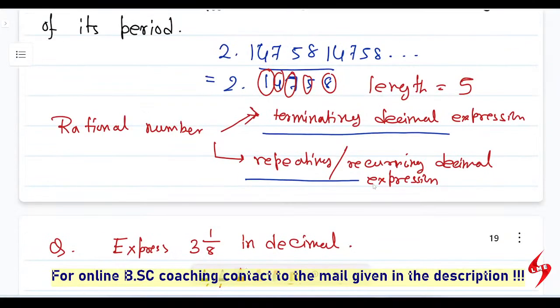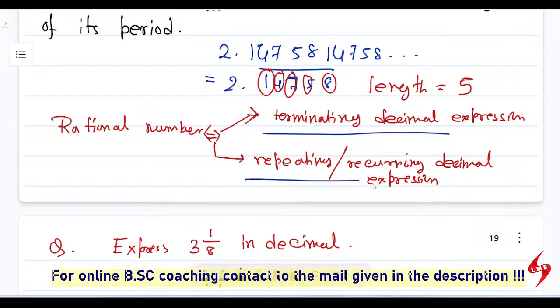And this will happen in both cases. I have declared earlier that if a number is a rational number, then it has only two kinds of decimal expression: either it is a terminating decimal expression or it is a repeating or recurring decimal expression.